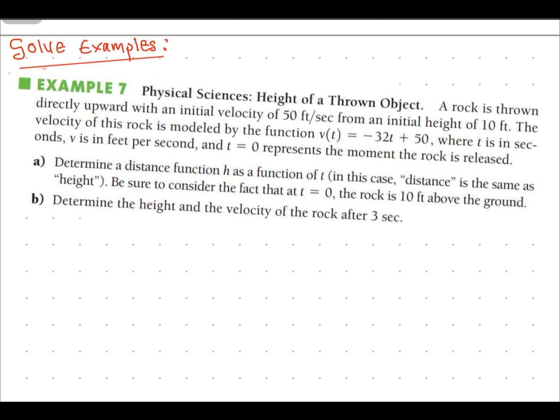Let's look at it. Physical science, height of a thrown object.